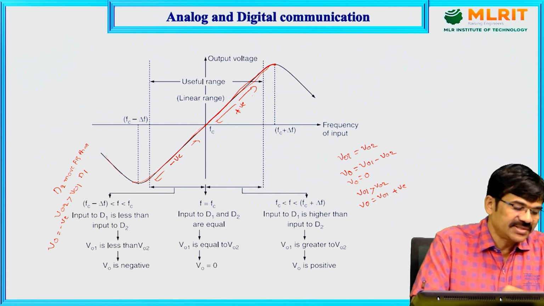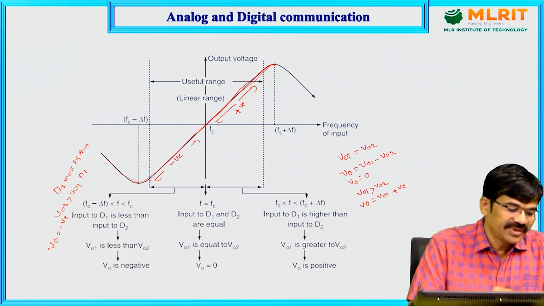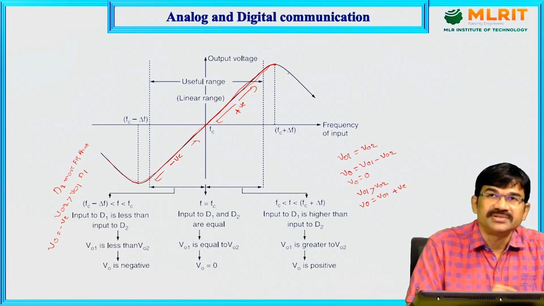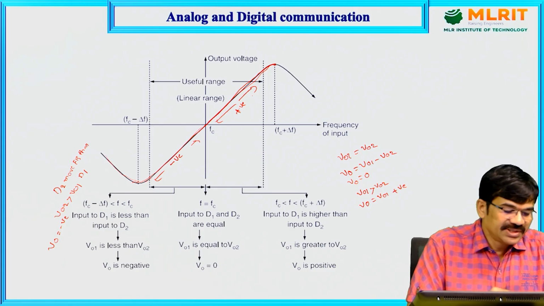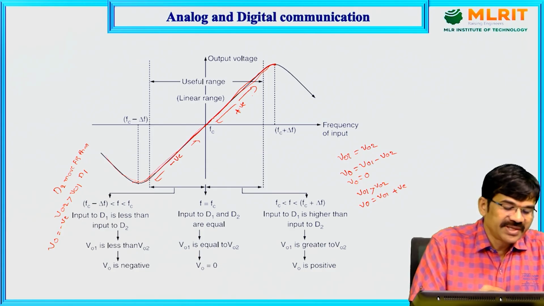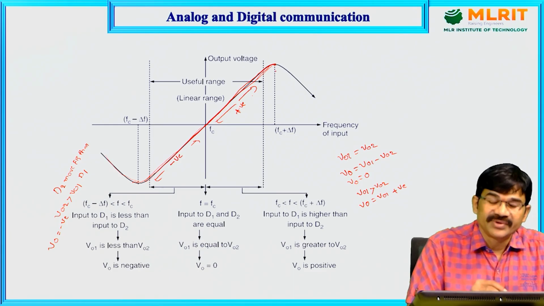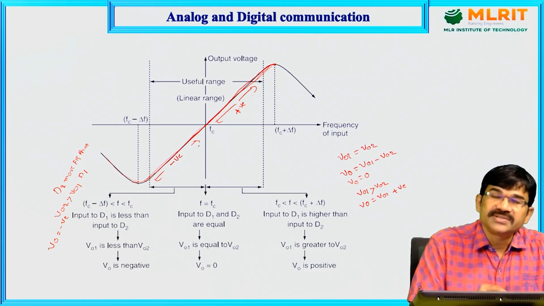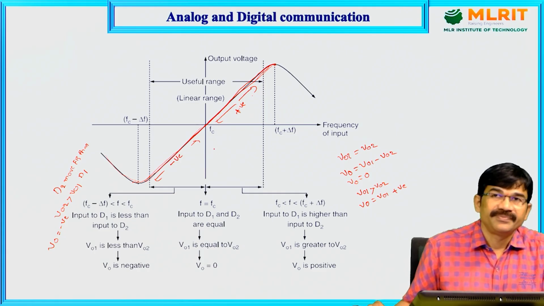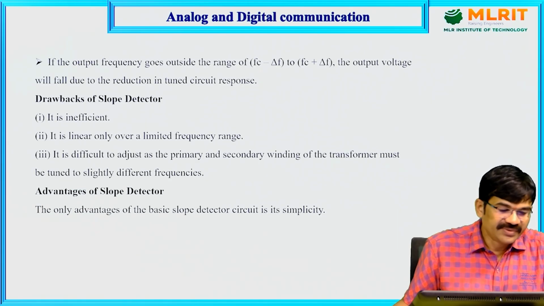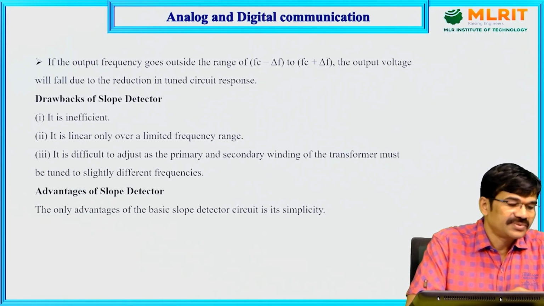We are not concentrating on extracting the information from this non-linear range. In this slope detector, the slope is varying linearly from FC minus del F to FC plus del F. This is the useful range we use to demodulate the original information signal from the received signal. That is why it is called the slope detector.